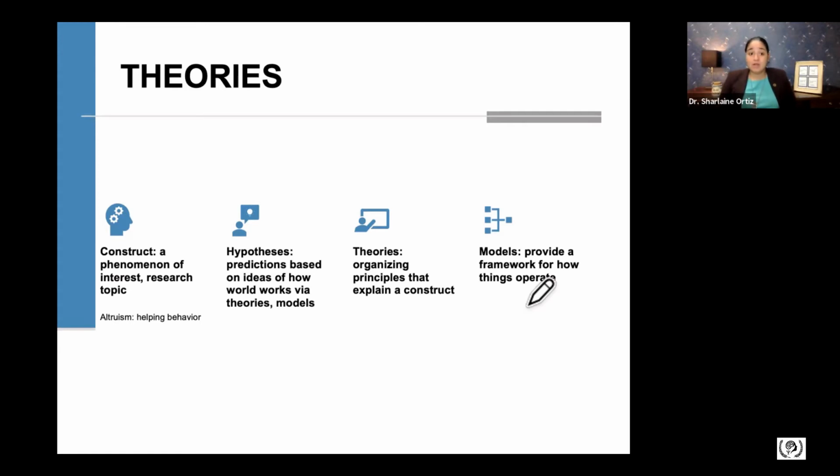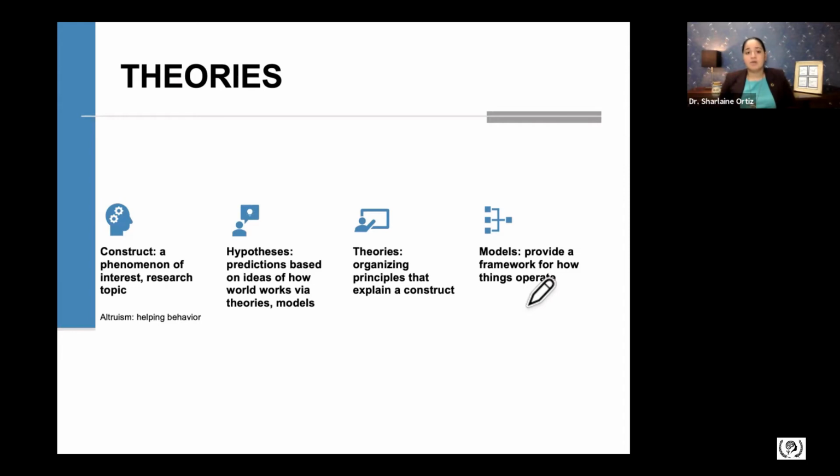Now, for example, we can use that as a construct and say, hey, this is how we are going to understand altruism, and we're going to define it as helping behavior. So we're going to move forward on understanding this type of phenomenon.